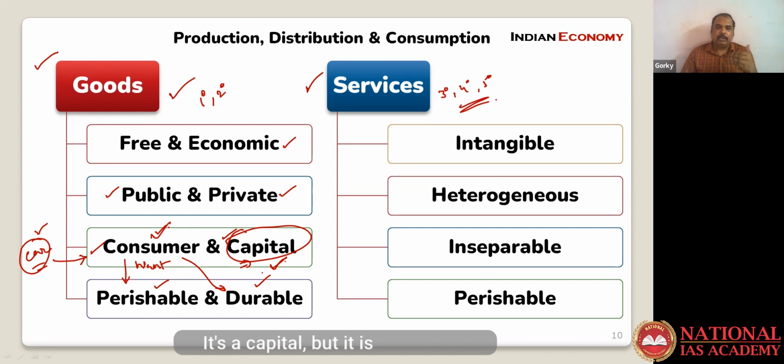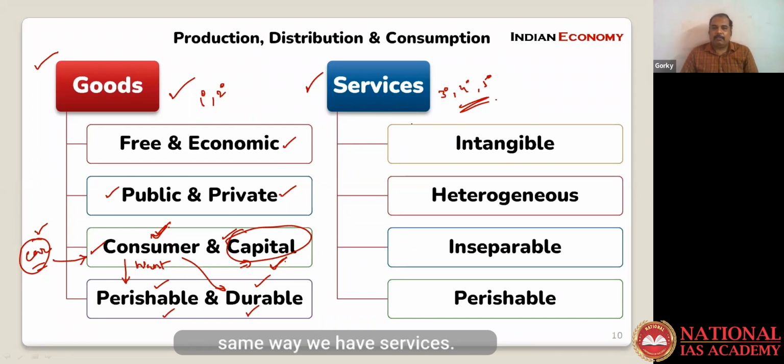It's capital, but it is perishable because it is an agro product. You are a manufacturer of a squash or a juice, so you have a raw material which is perishable. There are raw materials which are durable, say machineries, which may be durable capital. So usually we call consumer goods consumer durables or consumer perishables. So these are different types of goods which we produce.